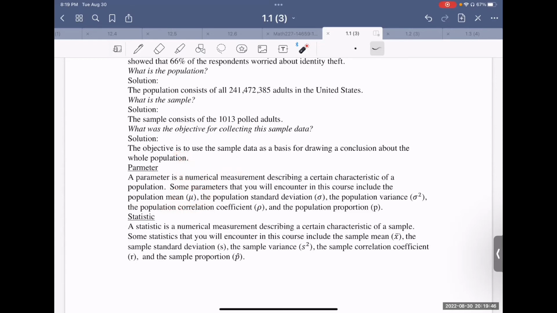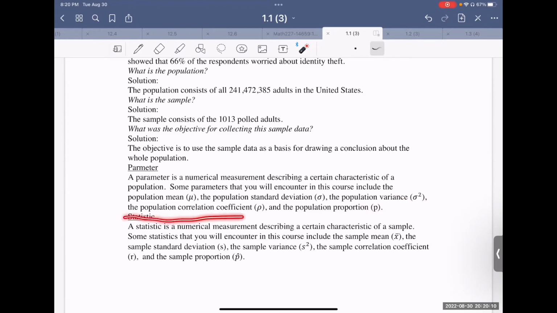The population standard deviation, denoted by the lowercase Greek letter sigma. The population variance, denoted by sigma squared.